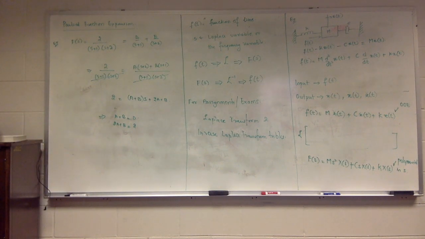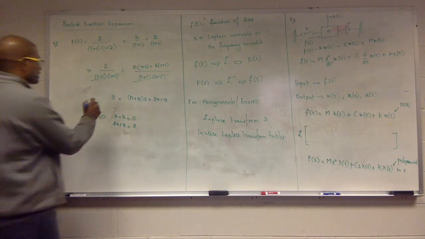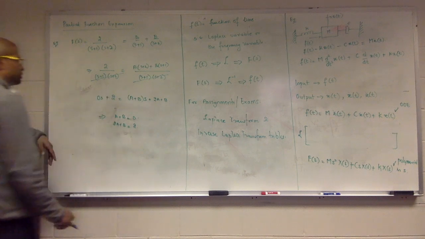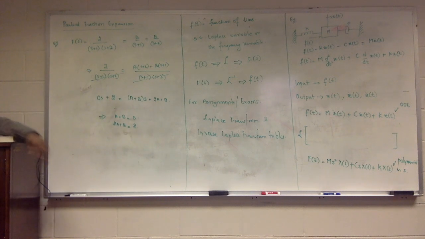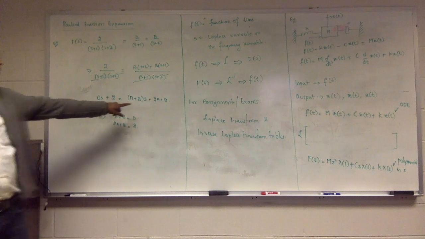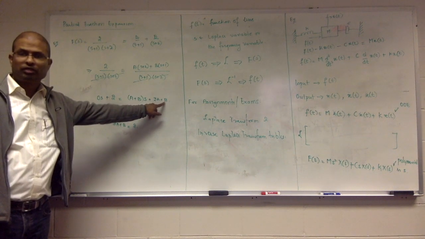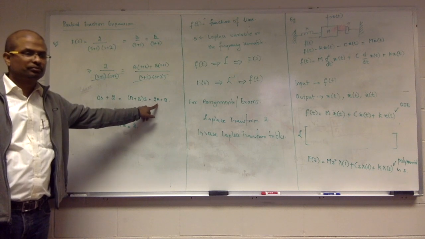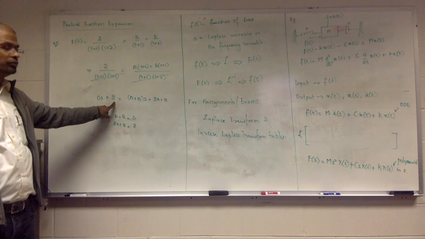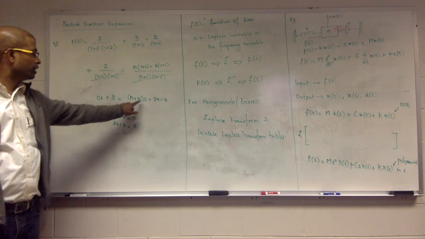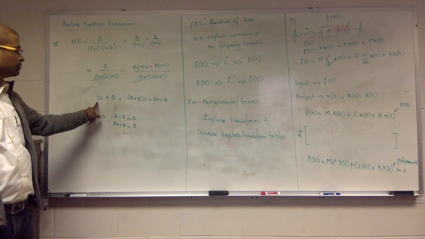Does that make sense? This is a polynomial, right? What is 2A plus B? That's a constant term. You got it? The constant term here is 2. What is the coefficient of s? A plus B. What is the coefficient of s here? Oh, 0.